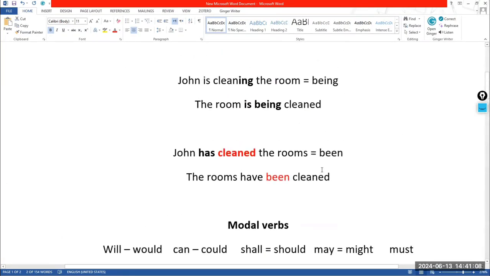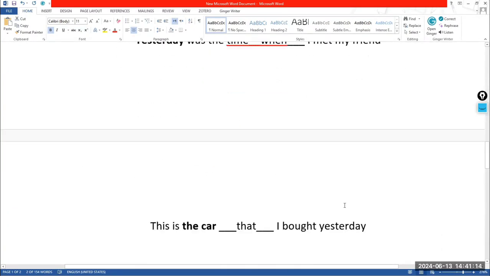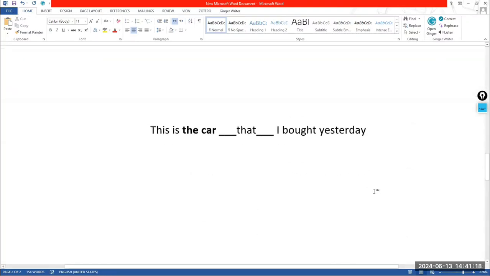So let me write the sentence again to show you why I use that. The sentence is, it is important that you work as a team.